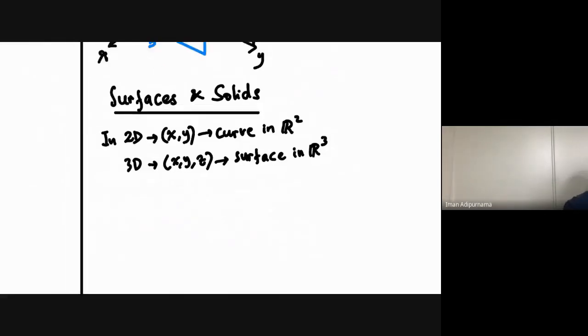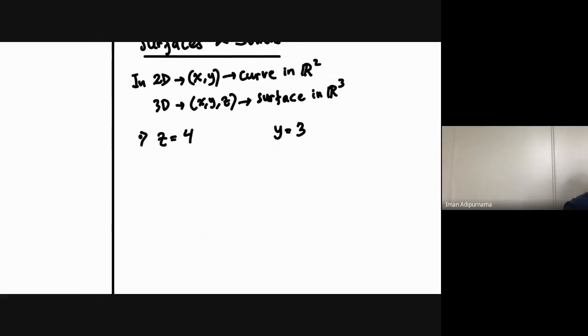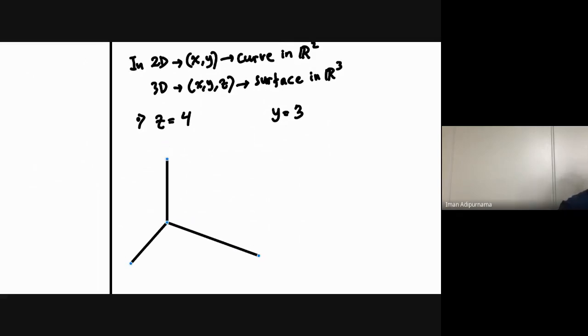What a surface is, let me start with the first one, maybe z equal 4 and maybe y equal 3. Now z is equal to 4, so 1, 2, 3, 4.